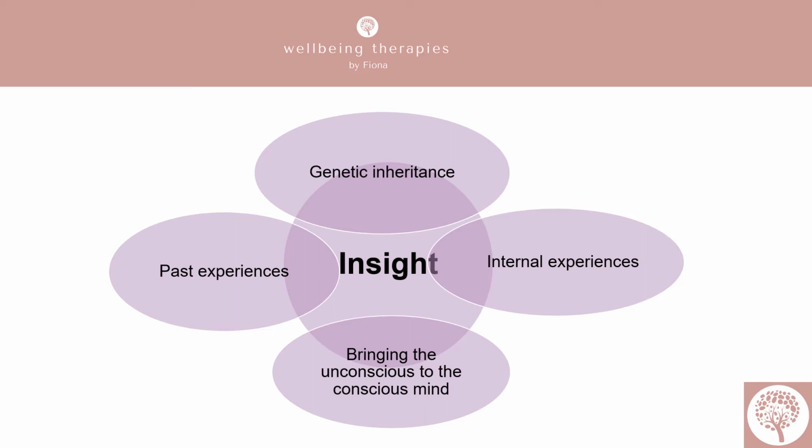Psychodynamic theory can also help us identify that our behaviour is a result of past experiences, and that also our genetic inheritance can influence what is happening to us now. It also acknowledges that internal experiences relate to our relationships with others from the past and those that affect the present.